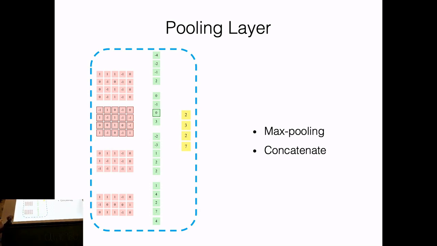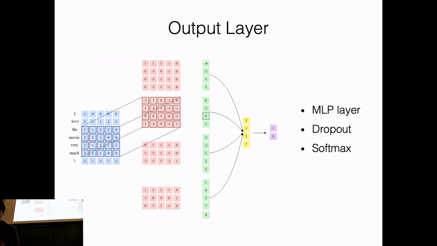After the max pooling operation, we concatenate all the results together. Then we have a hidden vector with dimension 4. And this yellow vector can be used to represent the whole semantics of the input sentence. The functionality of the upper layer is just to use this feature vector to predict what the semantics of the sentence is.